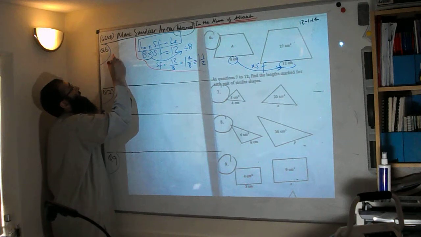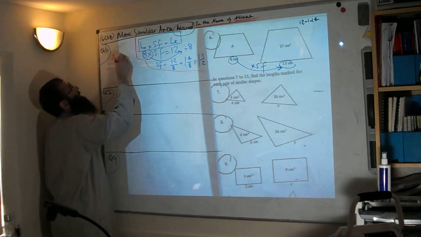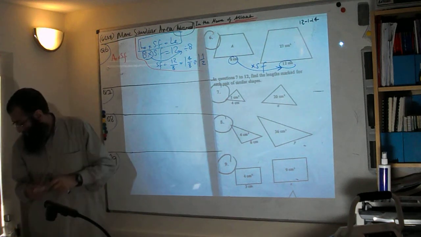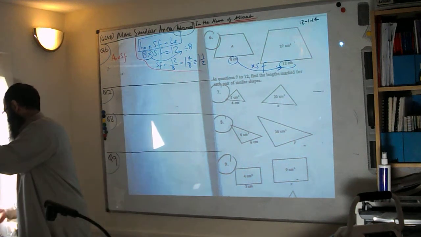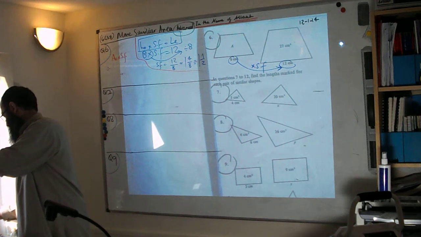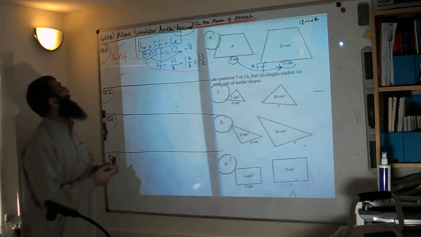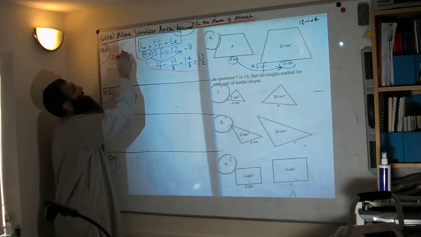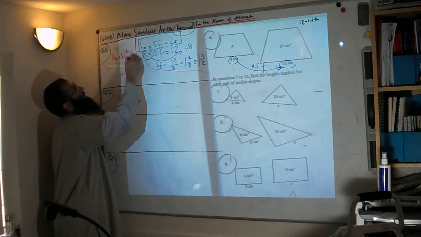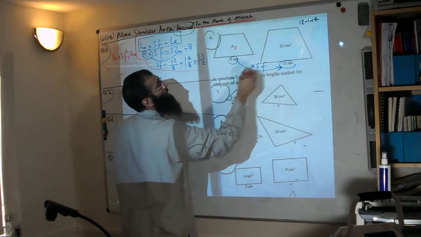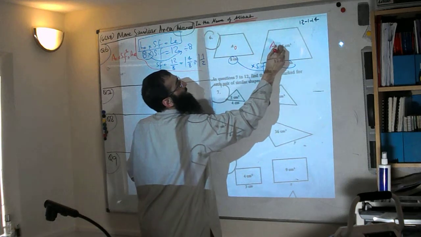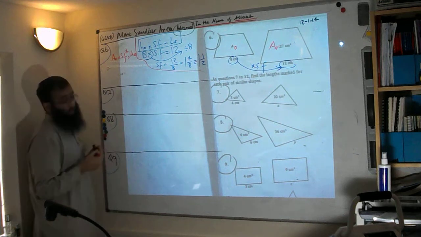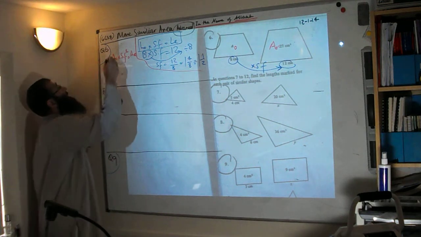The area of the original times by the scale factor squared equals the area of the enlarged. Area original, area enlarged. Okay, now that's our formula.